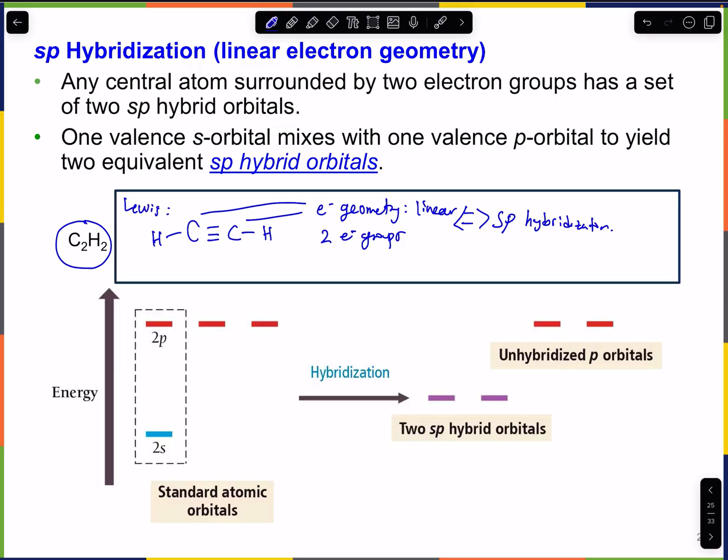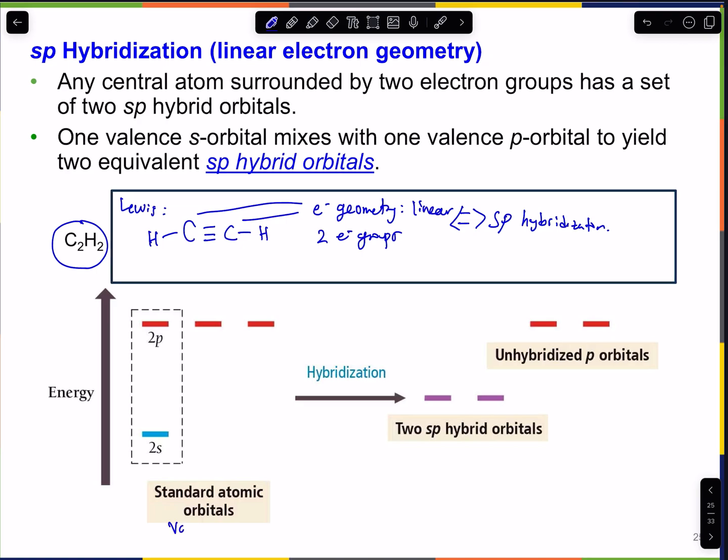In terms of the atomic orbitals, the valence ones for the carbon atom, it is like taking the 2s and one of the p orbitals. We are taking these two and mixing them to get two sp hybrid orbitals on the carbon atom.